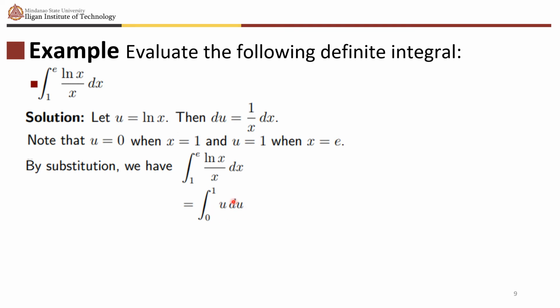Again, you have an exponent 1 there, so the integral is u squared over 2, evaluated from 0 to 1. When we substitute, we have 1/2 times the quantity 1 squared minus 0 squared, which will give us 1/2.